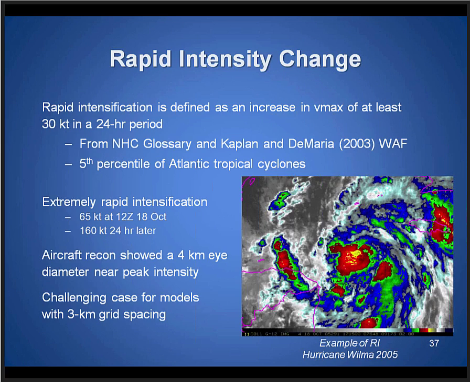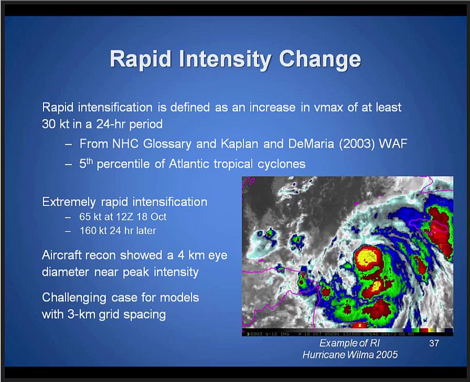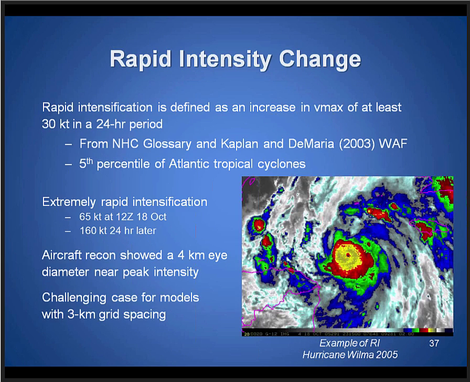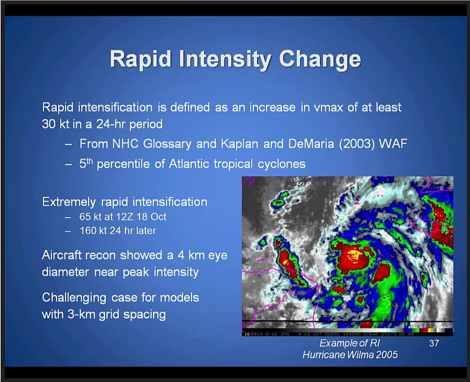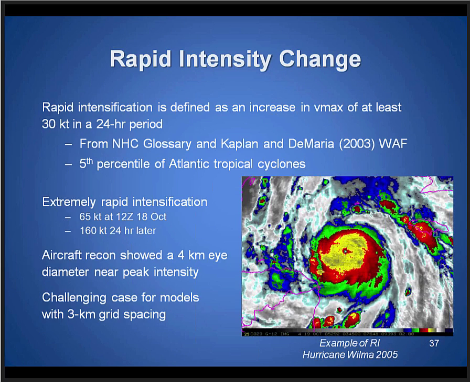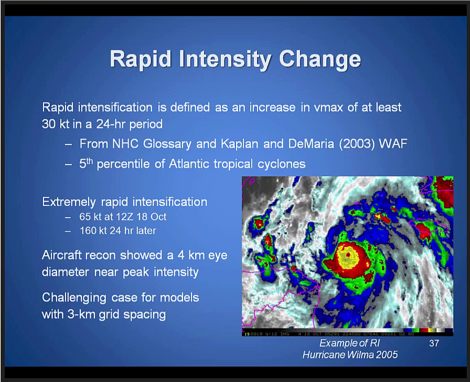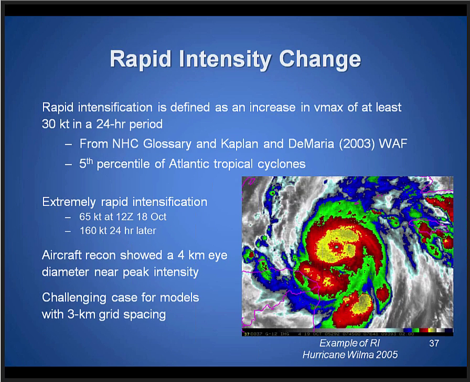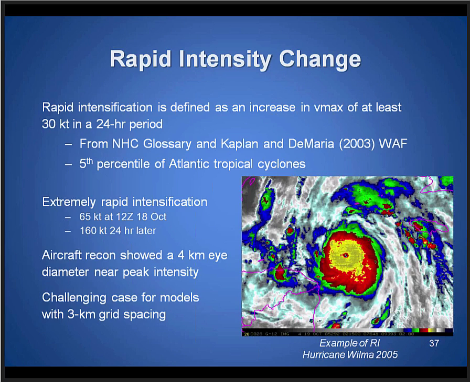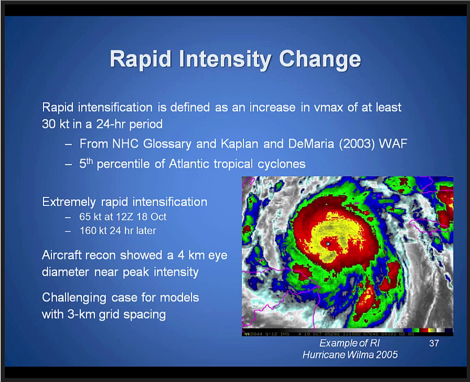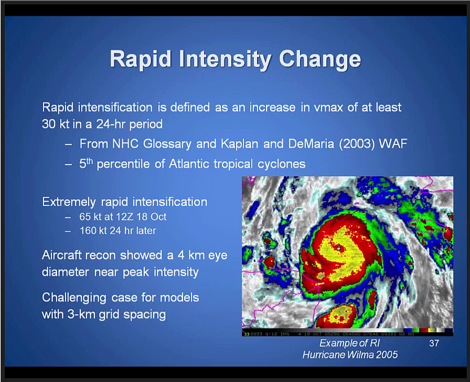So rapid intensity. A special problem that we have is for storms that very quickly spin up. So an increase of at least 30 knots or 35 miles per hour in 1 day. That's about 2 categories on the Saffir-Simpson scale. During the life cycle of all tropical cyclones, 5% of the time they go through rapid intensification.